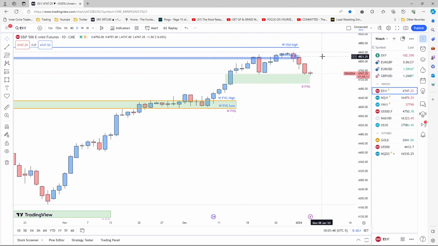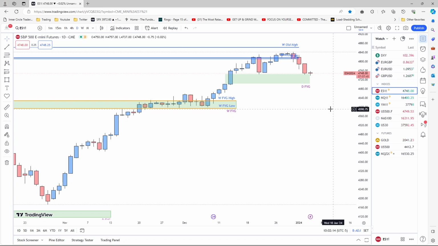It boils down to the idea where ICT says that price is either trading above all highs or below all lows, or it's retracing back into fair value gaps or imbalances. It's rebalancing, or it's going to consolidate.